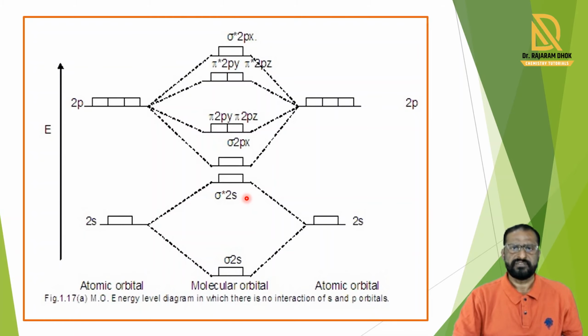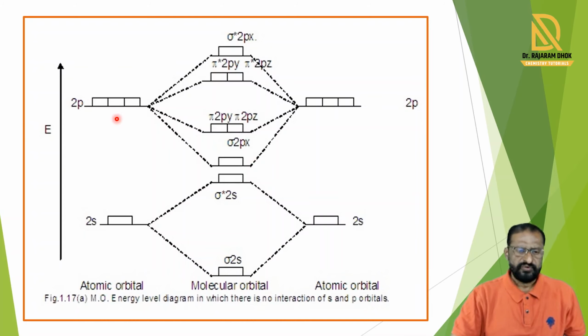So in this way, by the combination of the two atoms' 2s atomic orbitals, we get sigma 2s and sigma star 2s. Now we see the combination of 2p and 2p atomic orbitals. According to the rules we have already discussed, the px orbital of the first atom and the px orbital of the second atom combine, and when their wave functions are the same, it forms a bonding molecular orbital, that is sigma 2px, and that sigma 2px has lower energy, it is stable.